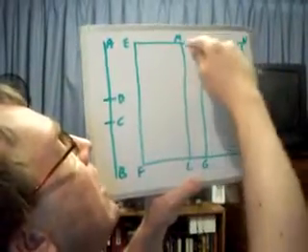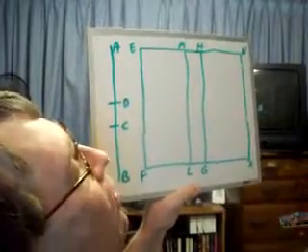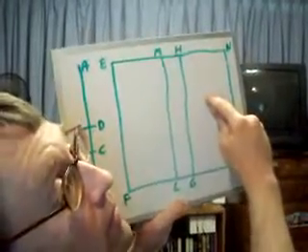So this area and this area combined is incommensurable with this area right here. So that EH is also incommensurable with HN.